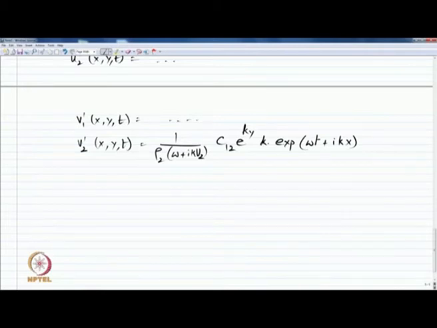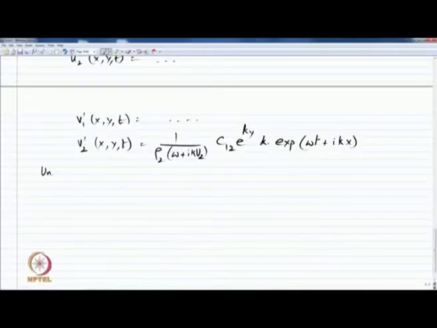So, now we have the flow fields and we have two undetermined constants C12 and C21. So, let us quickly take stock of that.